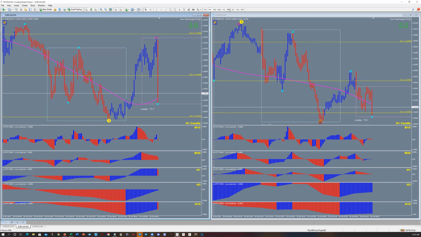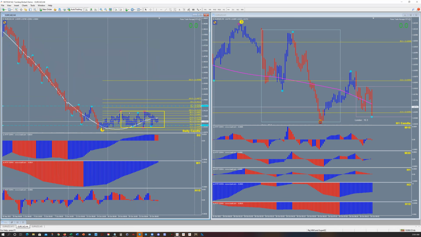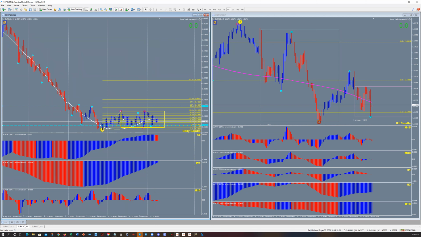We looked at the 4-hour and I said this is in a box. It was in the middle of the box, and we are anticipating it to go long. But if you anticipate going long, it's better for it to come to the lower part of the box before it goes.